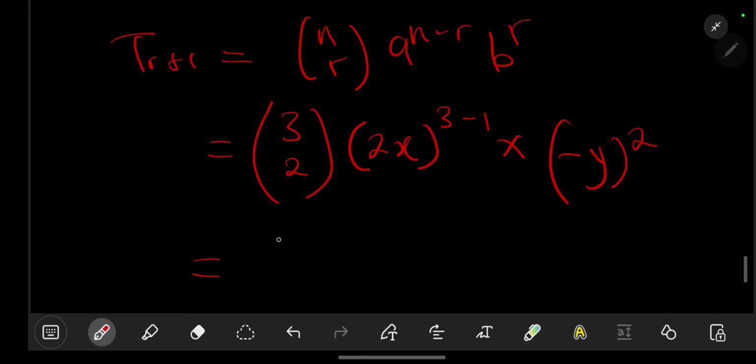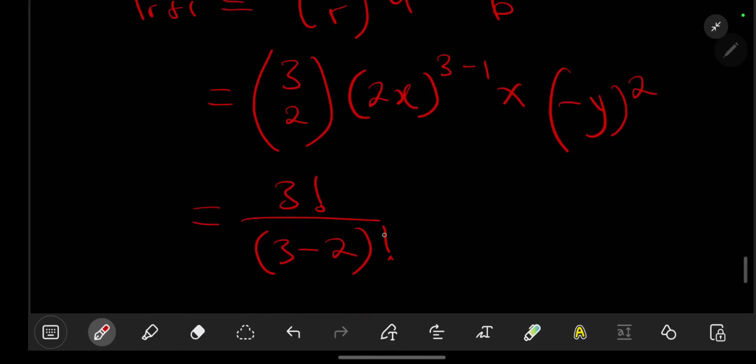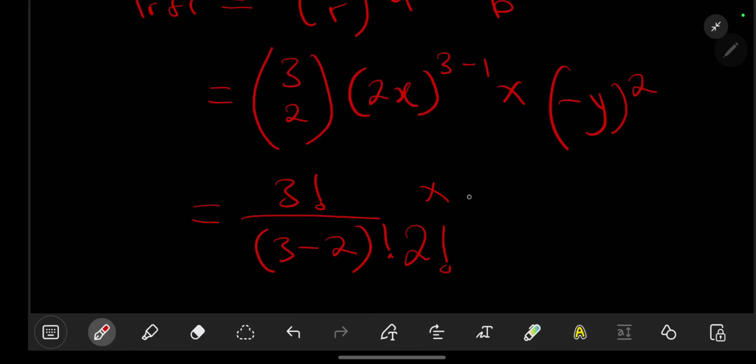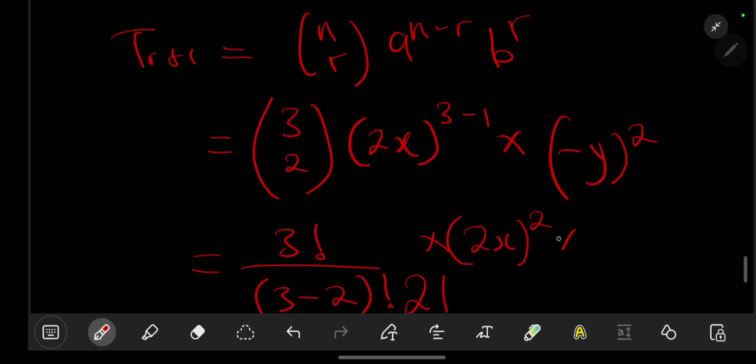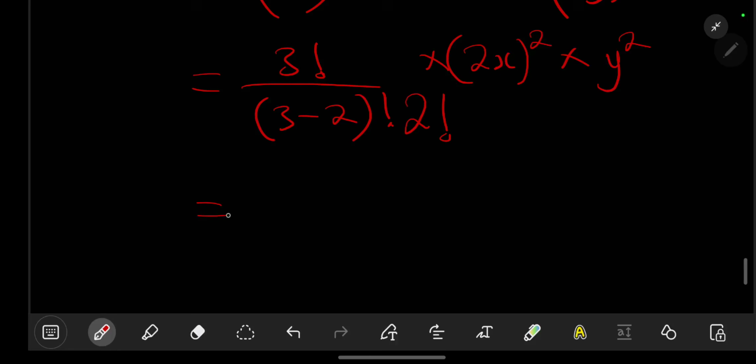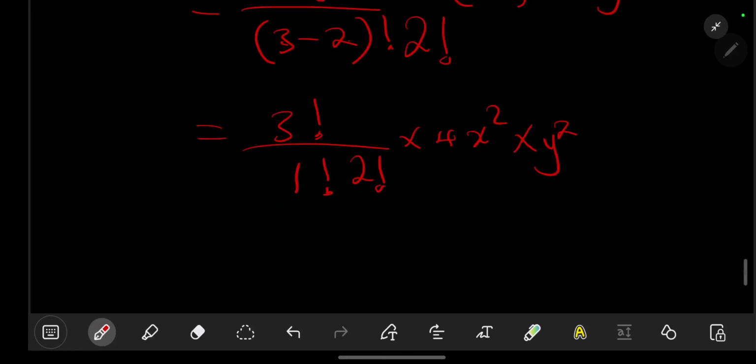So this is the same as 3 factorial over 3 minus 2 factorial, then 2 factorial, times 2x to the power of 3 minus 1, that's 2. Then we have times negative y squared, it will be positive y squared, like that. So we are going to have 3 factorial over 3 minus 2, that's 1 factorial, 2 factorial, times 2 squared, that's 4, x squared, then times y to the power of 2, like that.